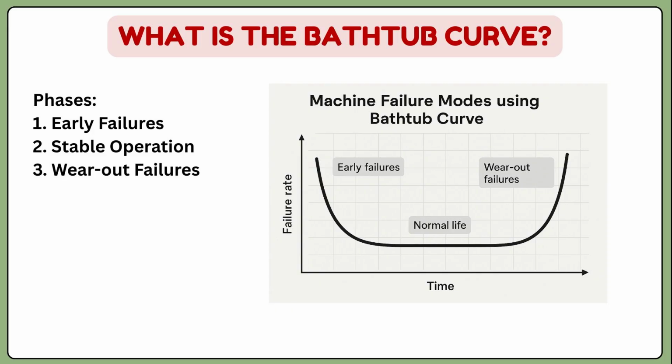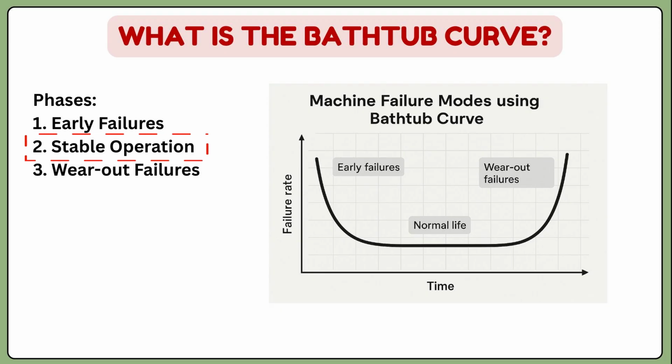The first phase is the deep down, the curve which starts from high and goes down, right? Machines which fail in this region are known as early failures. You can say right after the installation, or the infant mortality, right? The second phase is the stable one, the middle part of the bathtub curve.